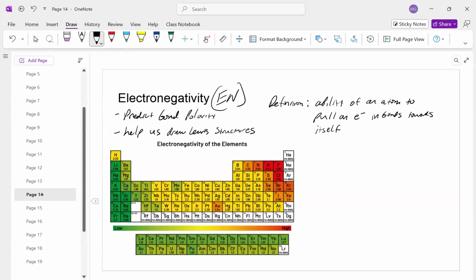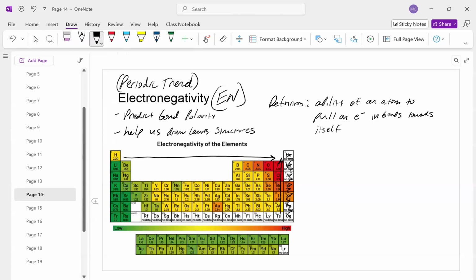And this is another periodic trend that would be very important for you to know. In general, electronegativity increases going across a row and going up a column. Usually, 99% of the time, we ignore noble gases.